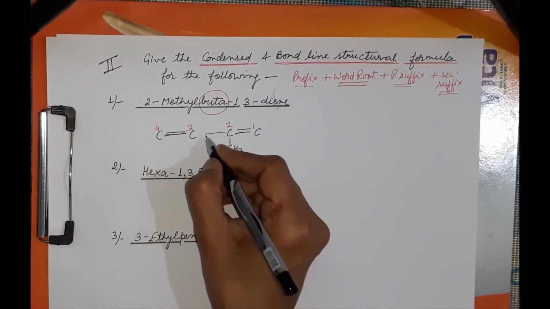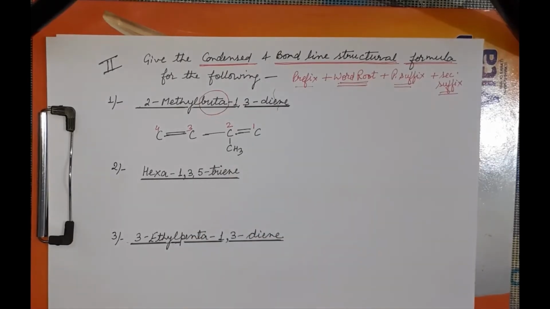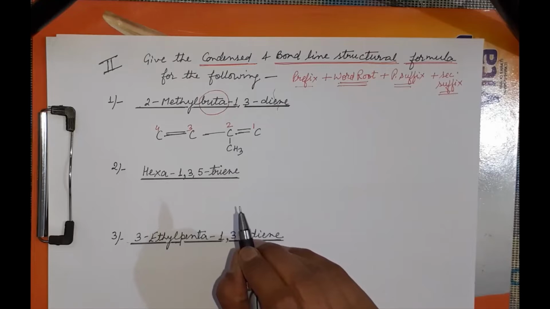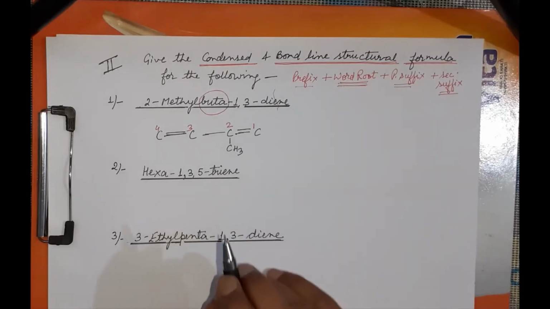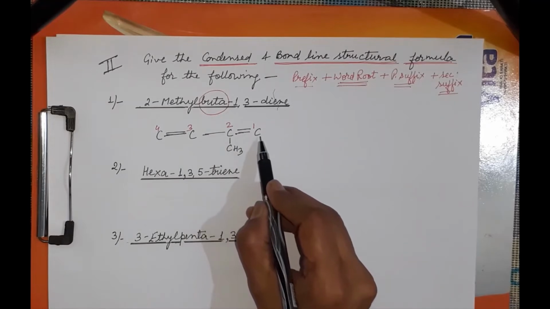So these are the 2 double bonds. Now here we can see, as we know, carbon is tetravalent, so it has 4 valencies. So here we have to see whether all the 4 valencies of carbon are satisfied or not.